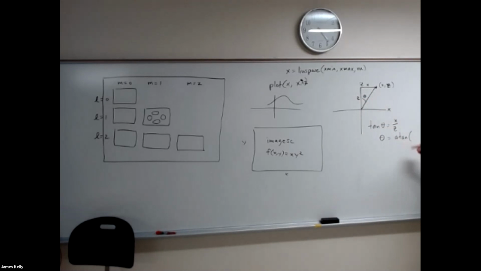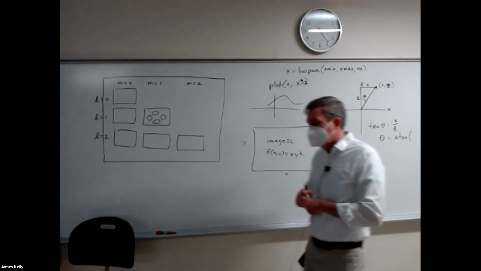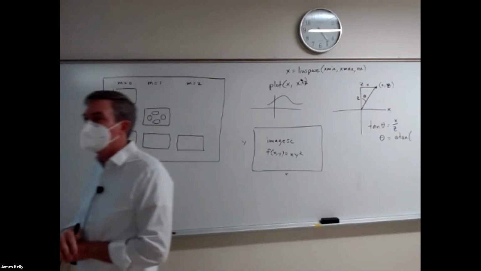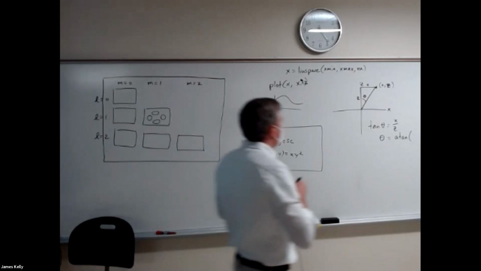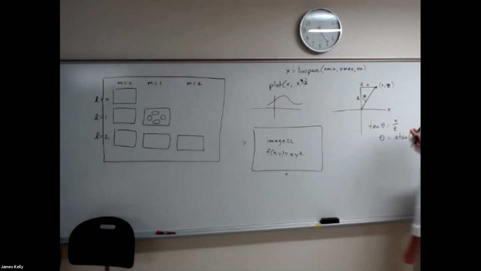Instead of using the inverse tangent, there's something in MATLAB called a 4-quadrant inverse tangent. The inverse tangent always has those problems, as you have to worry about what quadrant you're in to see whether it works right. If you want a function that works in any quadrant, there's a function atan2, which instead of just taking one argument, x over z, separately takes the arguments x and z.